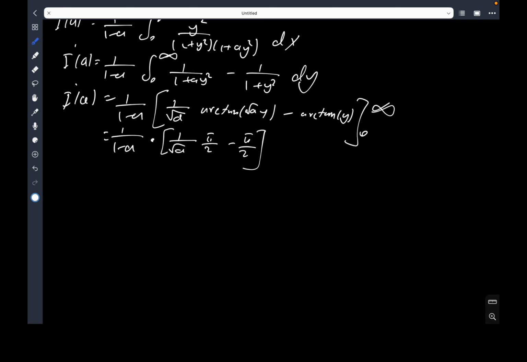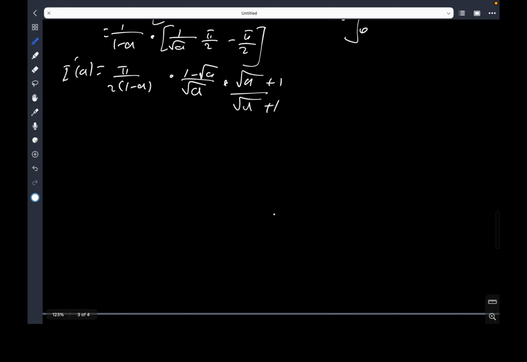So here I can write I prime of a as pi over 2 times 1 minus a, multiplied by (1 minus root a) over root a, multiplied by (root a plus 1) over (root a plus 1). And I can ultimately write I prime of a as pi over (1 plus root a) multiplied by 1 over 2 root a.